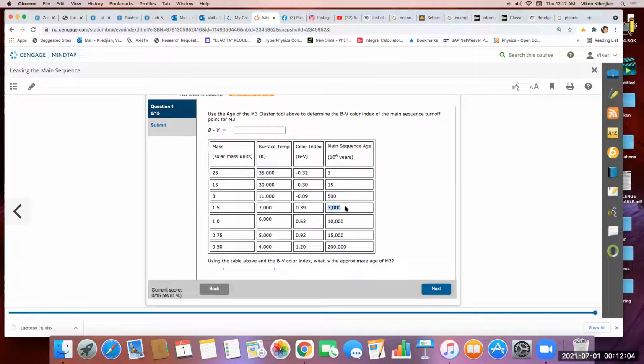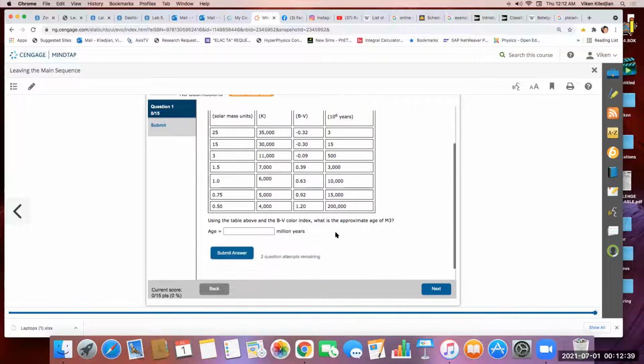If that star is 3,000 million years old, then the cluster must be that old. 3,000 times 10 to the 6th is 3 times 10 to the 9th, so that star is 3 billion years old. Therefore, is the age of the M3 cluster 3 billion years?